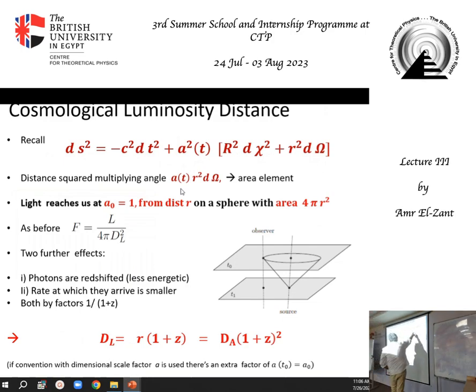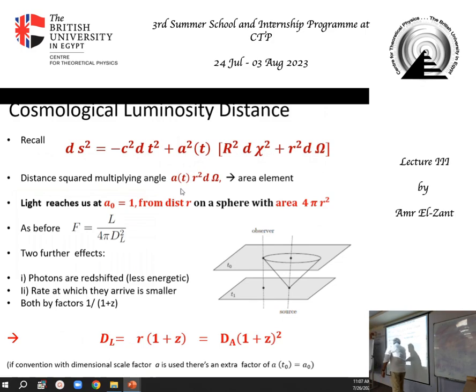So take our metric again, and we want to have the same definition. This time, the light is spreading on its journey from emission to reception. So we want to take a equals 1. In our definition, a equals 1 is today. So you want to take what you receive, the light, how much energy you get. Okay?